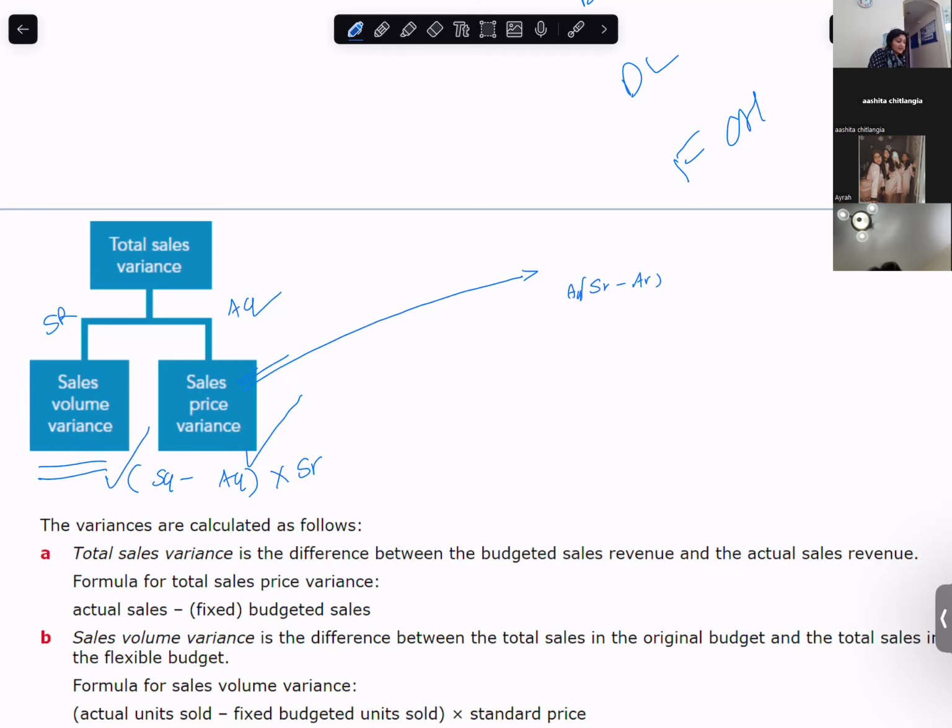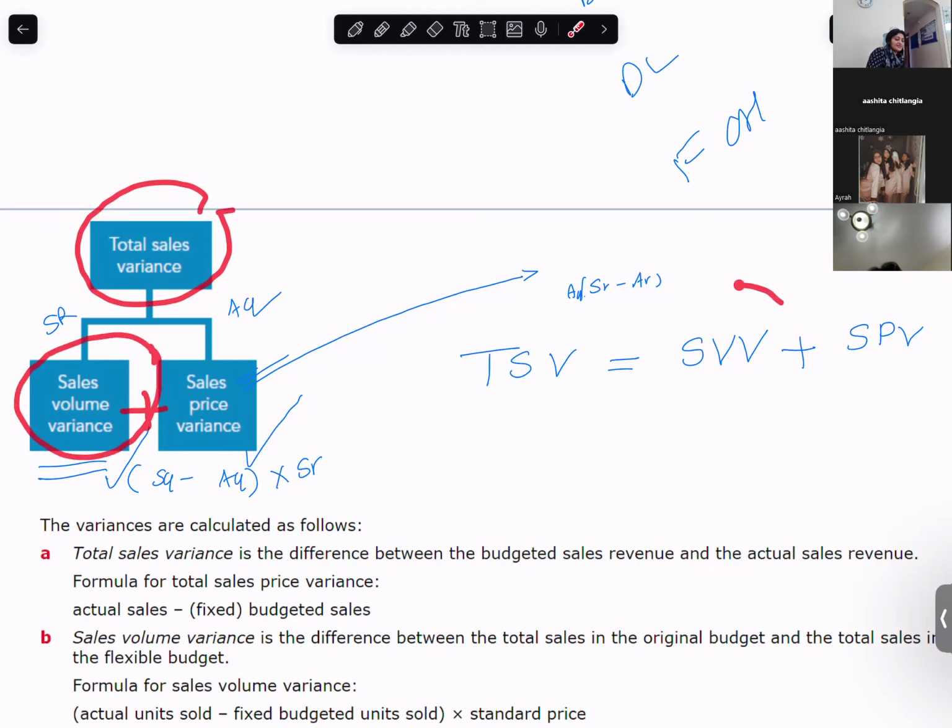Now understand, your total sales variance is a summation of your sales volume variance plus sales price variance. When they ask you what is the total sales variance, it is the addition of these both.